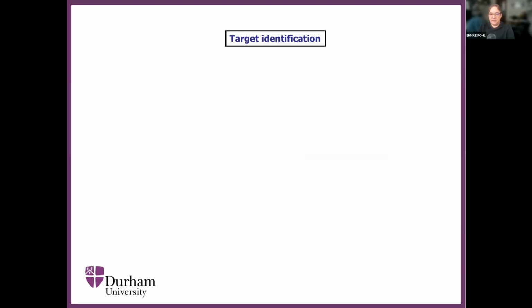The first point is always target identification. And here, the NTD network has done quite a lot of work to identify new targets. So if we are lucky and work hard, we might be able to get a crystal structure relatively quickly and have a three-dimensional structure at high resolution at the beginning of the process.